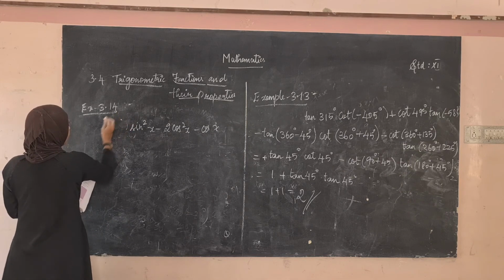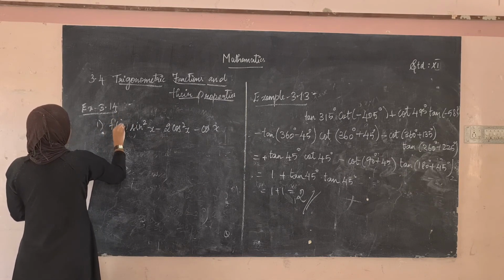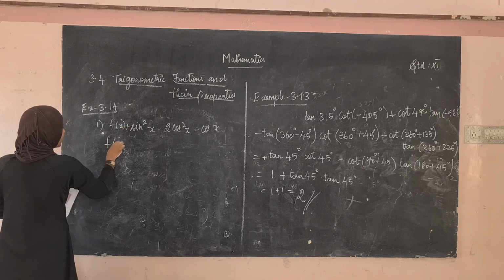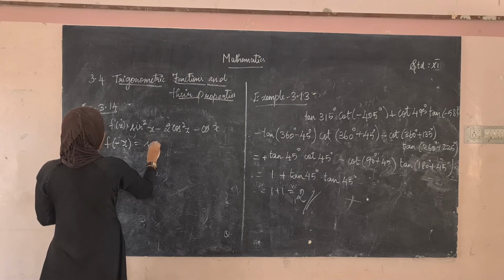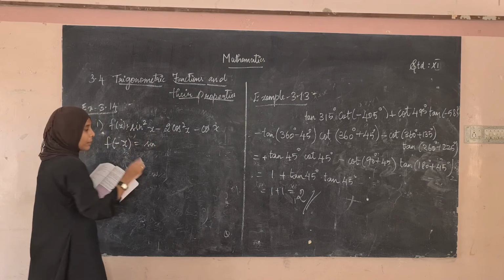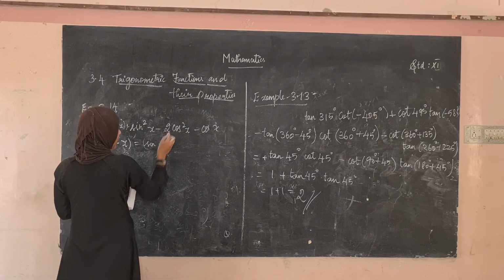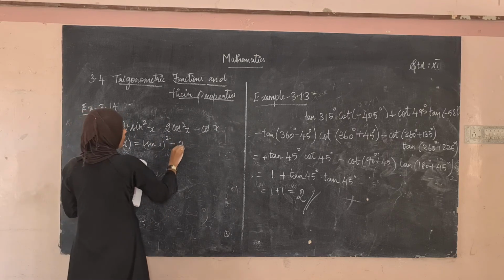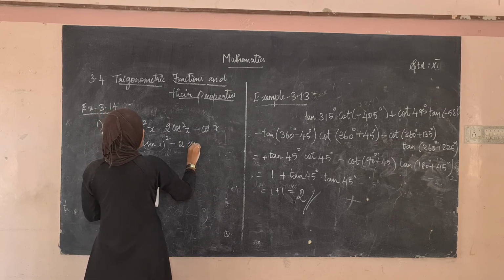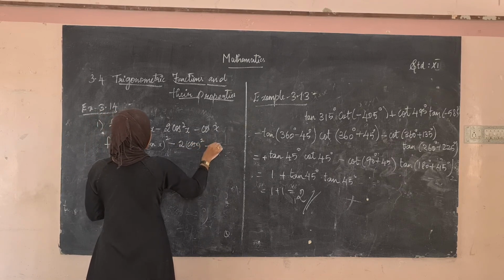So, let us take this as f of x. Okay, so you have to find f of minus x. So, sin square x can be written as sin x the whole square. Okay, and again 2 into cos square x can be written as cos x the whole square minus cos x.